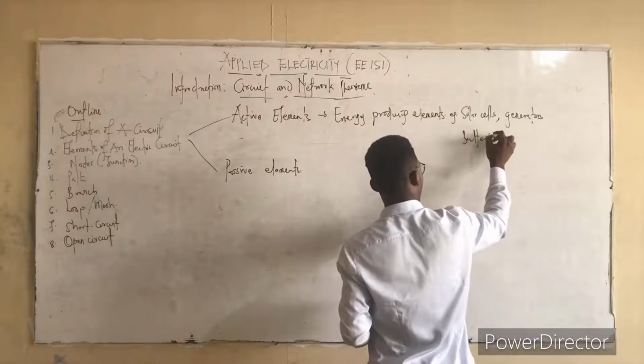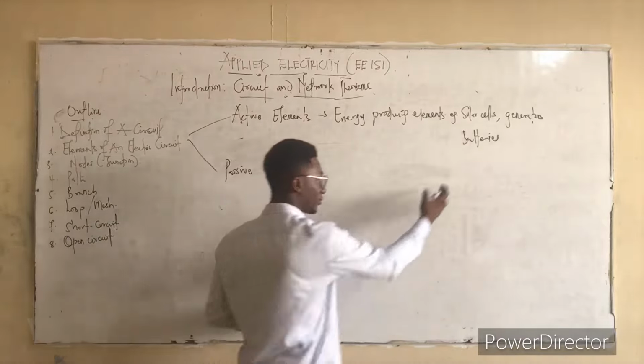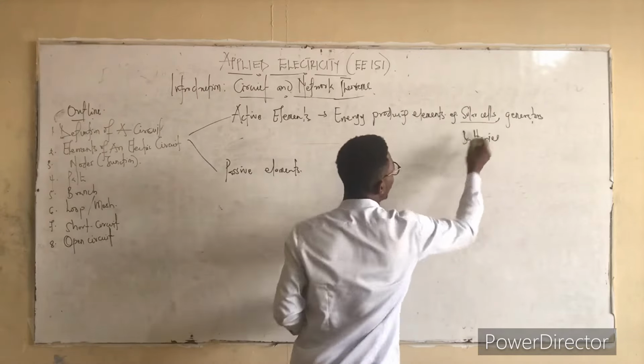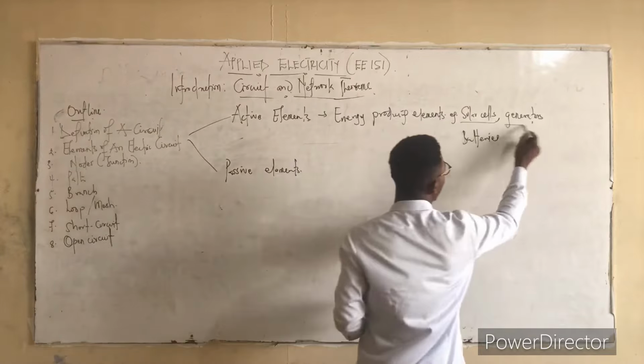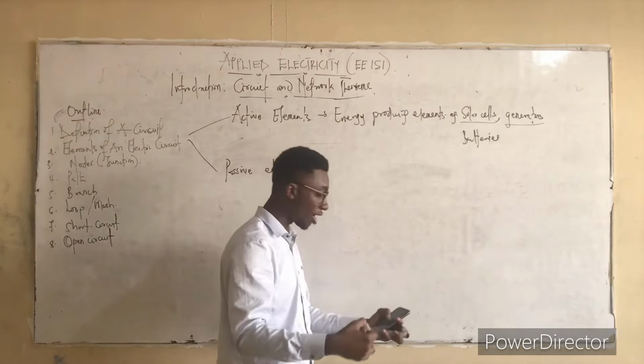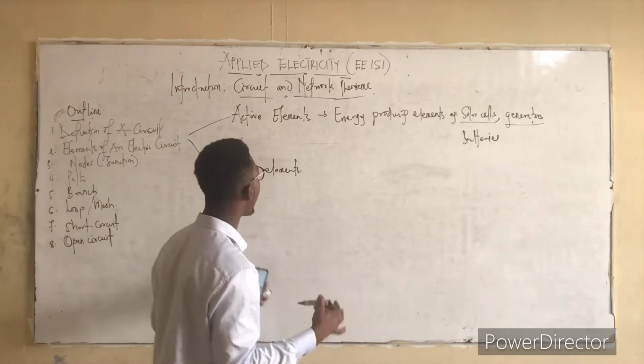A battery will produce energy, solar cells also produce energy, and generators also produce energy. Some produce the energy by means of chemical, some by means of electricity. So these are all active elements.